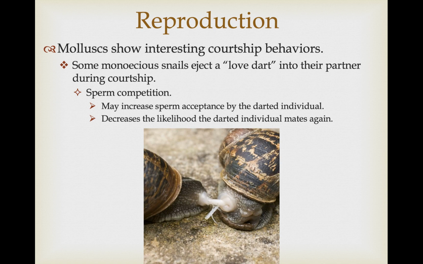So kind of like what we talked about in penis fencing, if you lose and you receive a love dart in this situation, you better go ahead and accept that sperm and commit most of your resources to using those sperm to fertilize your eggs so that you can produce some individuals. But if you're the successful love darter in this situation, you might be able to produce sperm very cheaply and fertilize more eggs by getting in these interactions with more individuals.